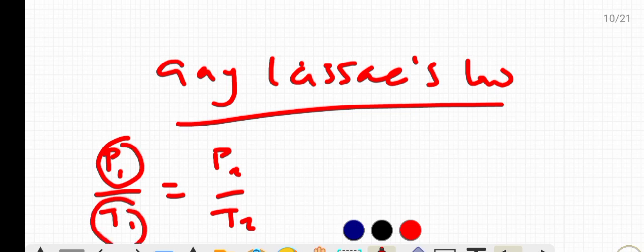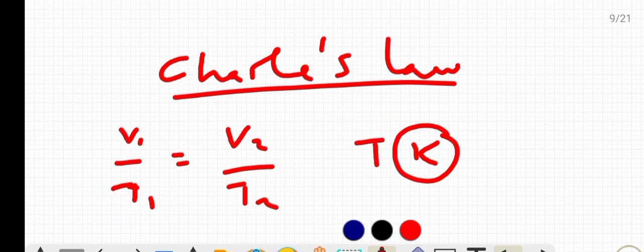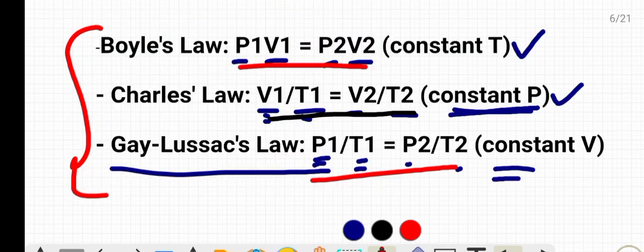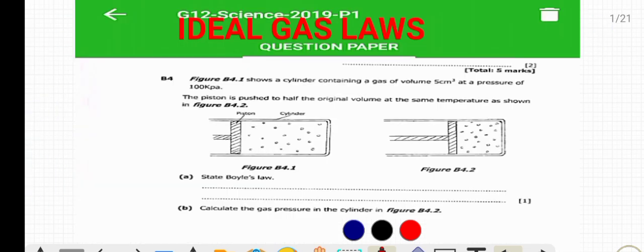I want to take you back to that question that we have, because that question can be answered using one of these three equations. The data itself gives us the idea of what we should use. So let's quickly go back.